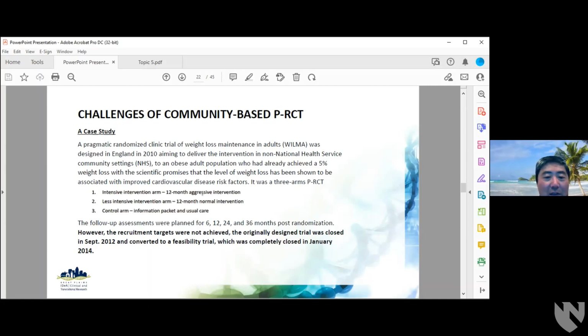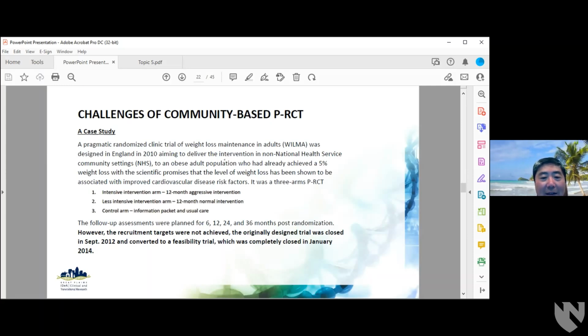One is a 12-month very aggressive intervention, and one is a normal intervention, trying to reduce obesity. The people they tried to recruit are the obese adult population who already achieved like a 5% weight loss. So that's the population they try to target.